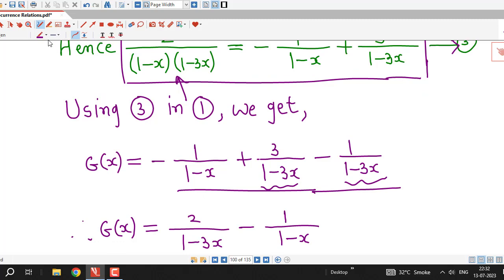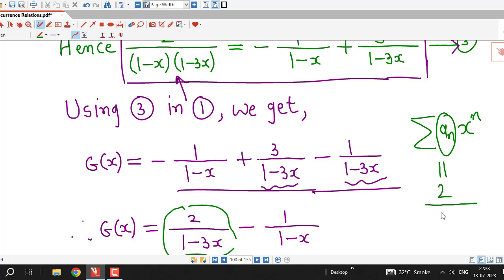Now once we are able to write our generating function in this form, we have to decide for which value of a_n we can express this function in terms of this series. We have to decide what is the formula for a_n such that I can write 2 over 1 minus 3x in this form.